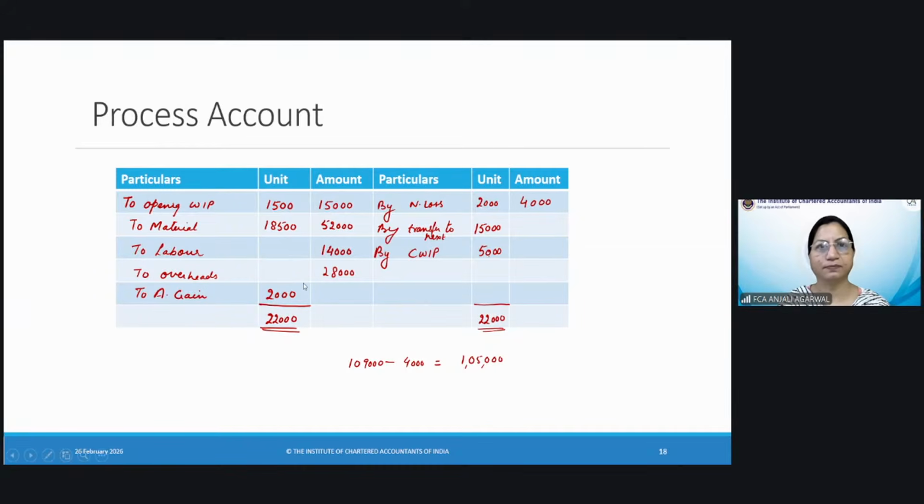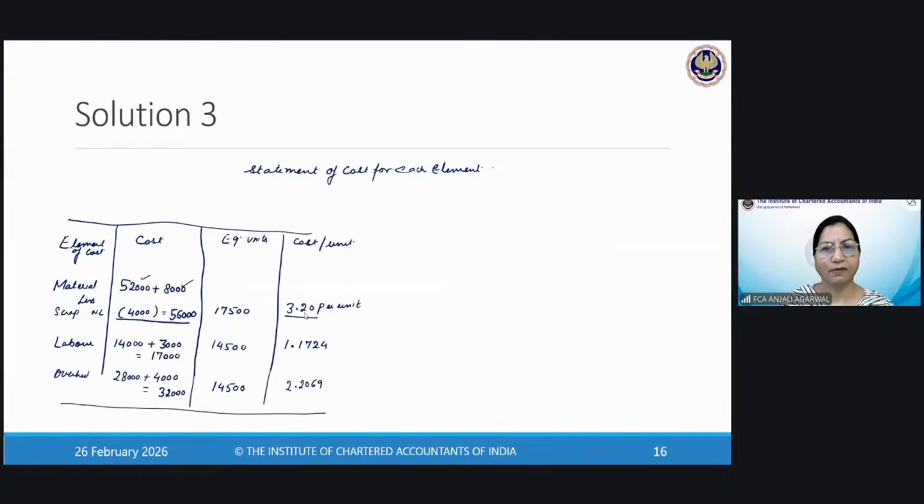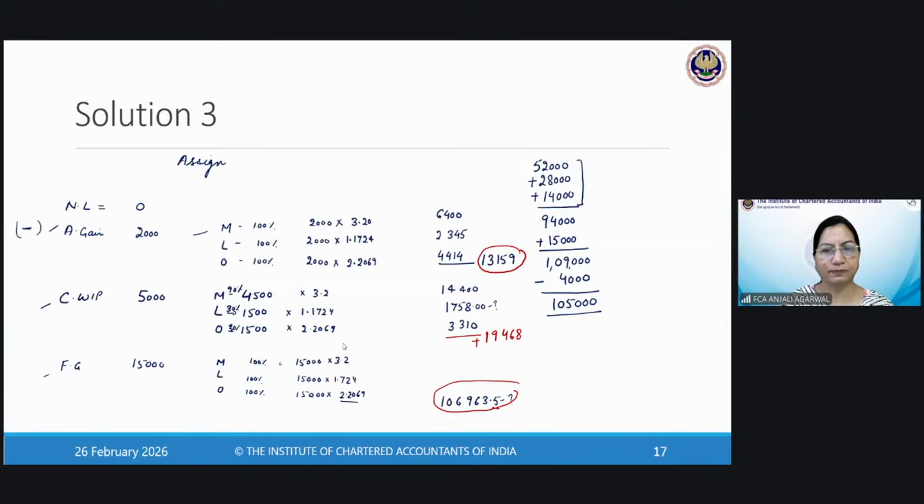Okay. In finished goods, labor cost per unit is 1.17. I'll just check. So the labor cost is 1.1724. Okay.